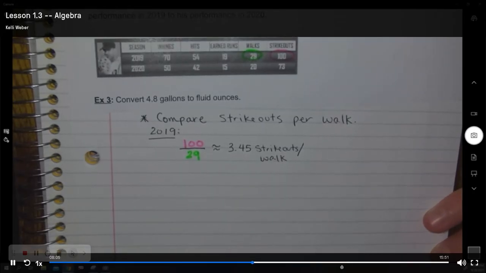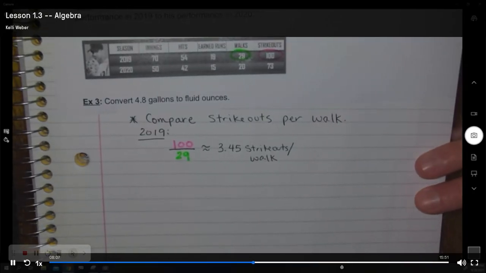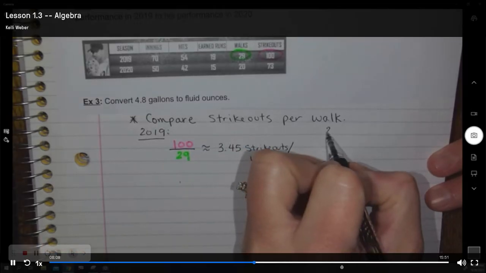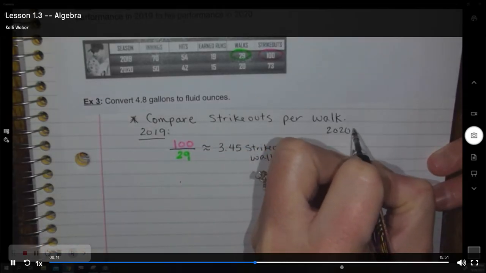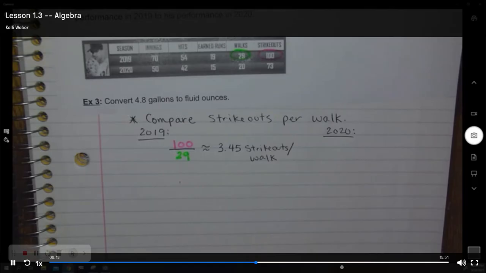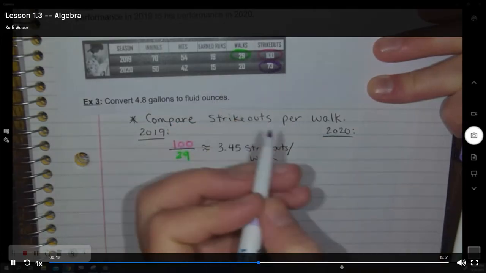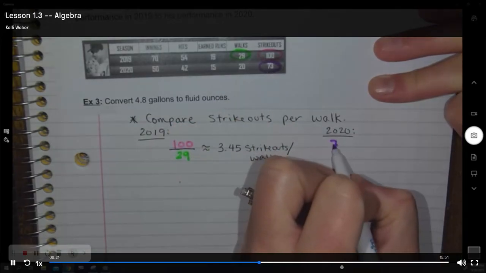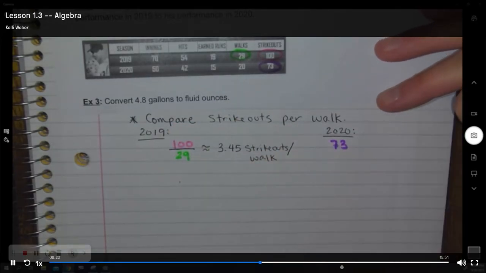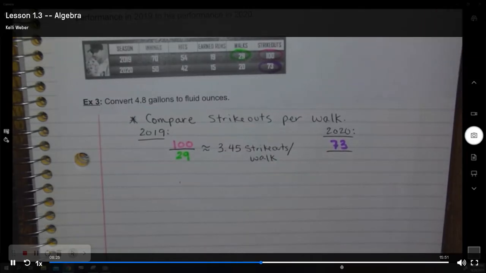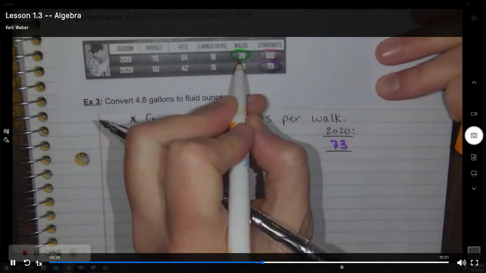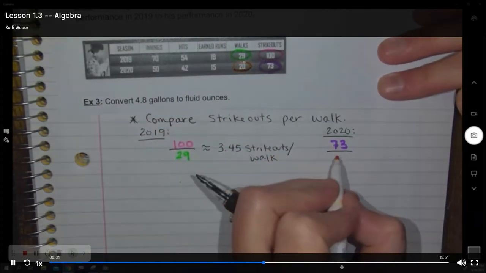So that's for 2019. Now let's look at the same information, but let's do this for 2020 this time. So for 2020, we have 73 strikeouts over 20 walks.